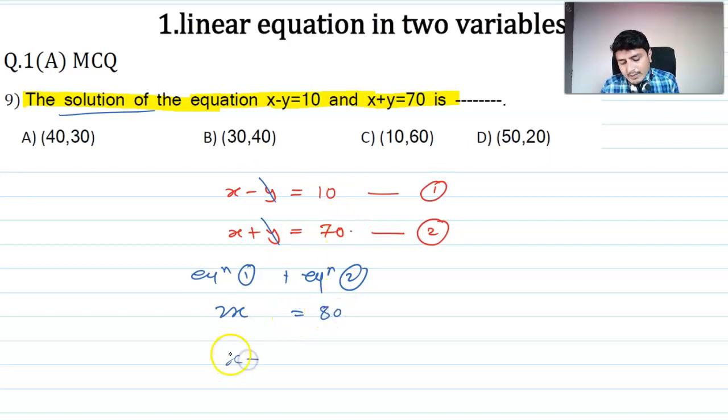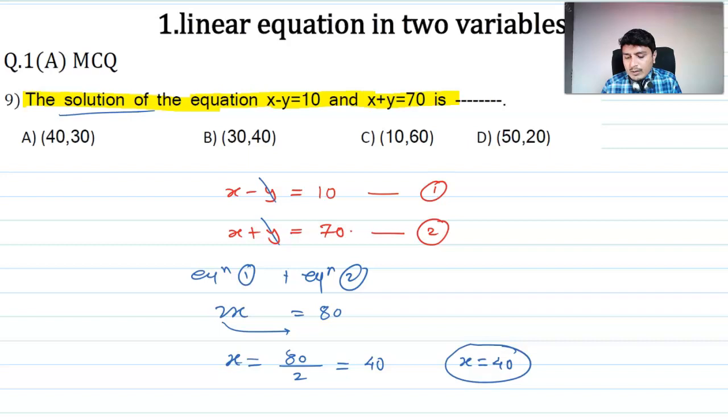To evaluate the value of x, once we shift 2 from LHS to RHS, 2x is equal to 80, which is a linear equation in one variable, because we have only one variable, that is x. So once we shift the 2, the multiplier becomes a divisor, 80 divided by 2 is 40. So the value of x here is 40.